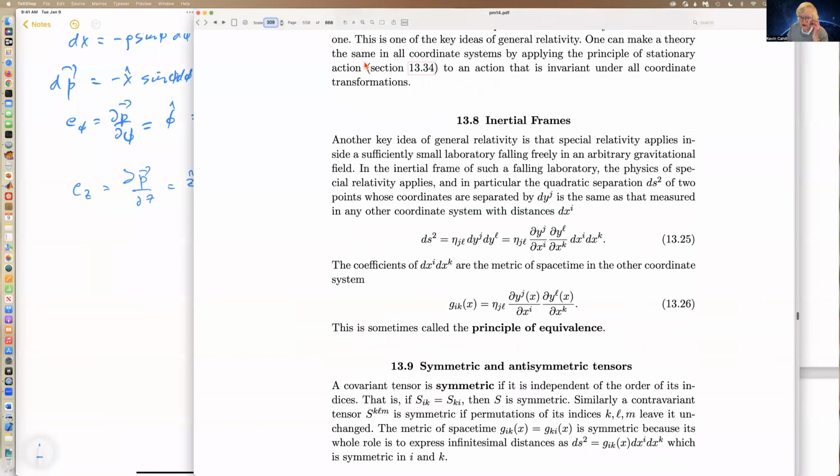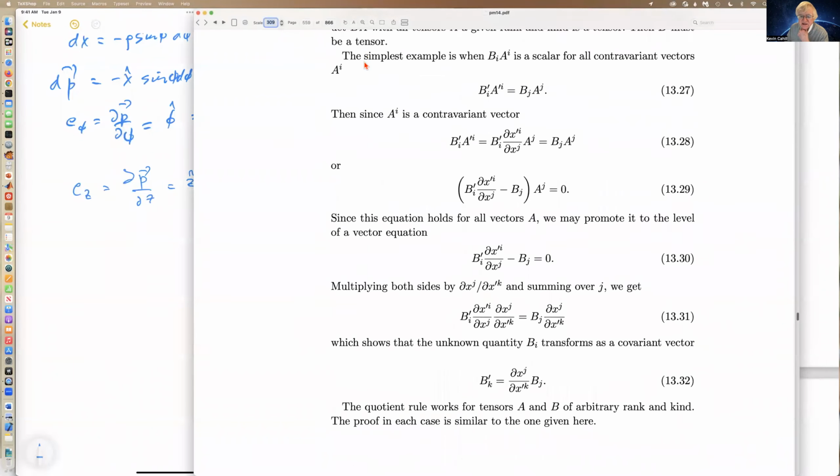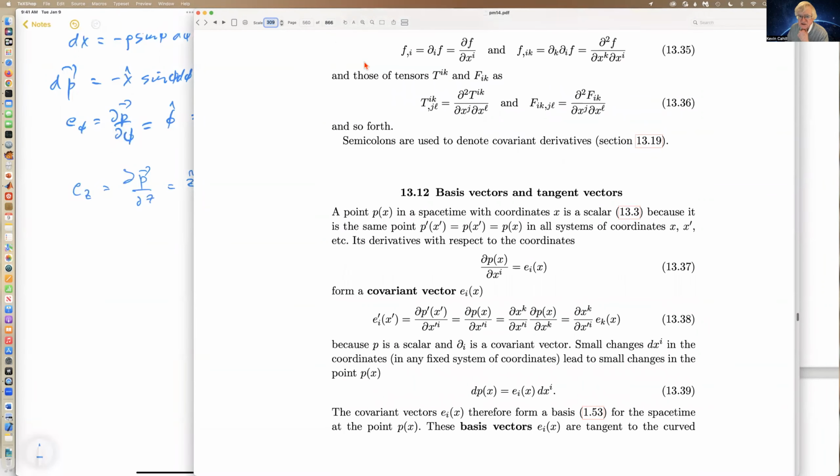Actually, we didn't do tensor equations before, but these e's, I'm just skipping ahead to say, okay, so these basis vectors are just the derivative of the point with respect to a coordinate, and that's how I was using them here.